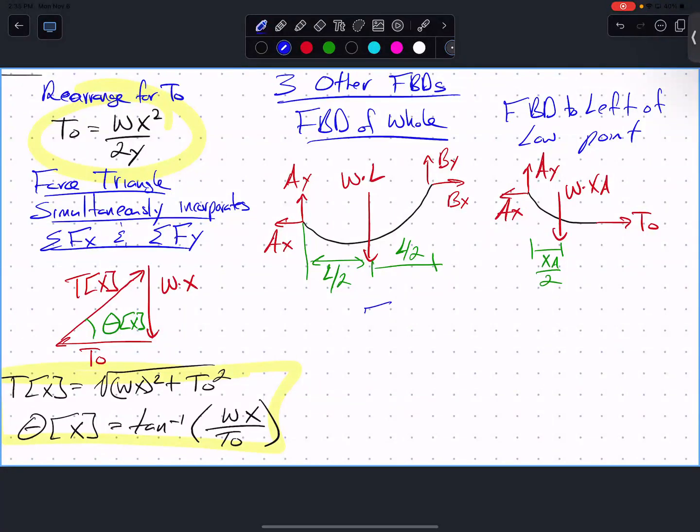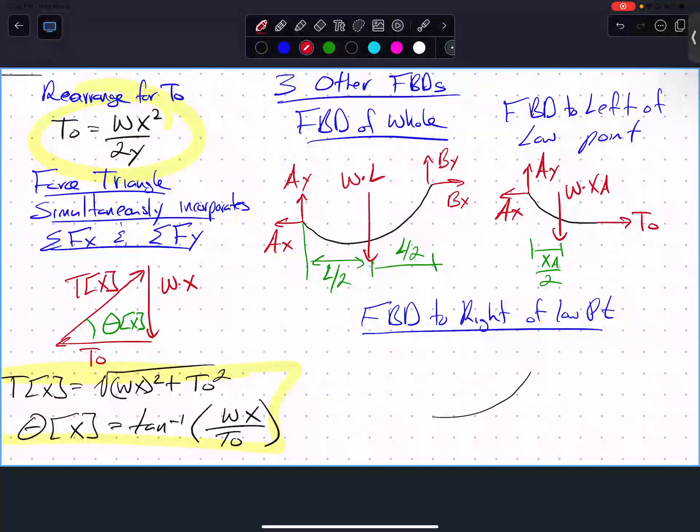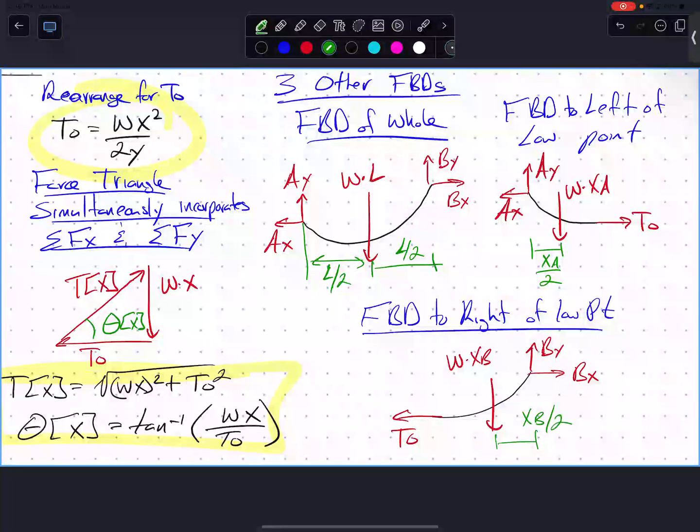Or we could do an FBD to the right of the low point. That one would include a BX and a BY. Also exposes T naught, WXB at a location of XB over 2.